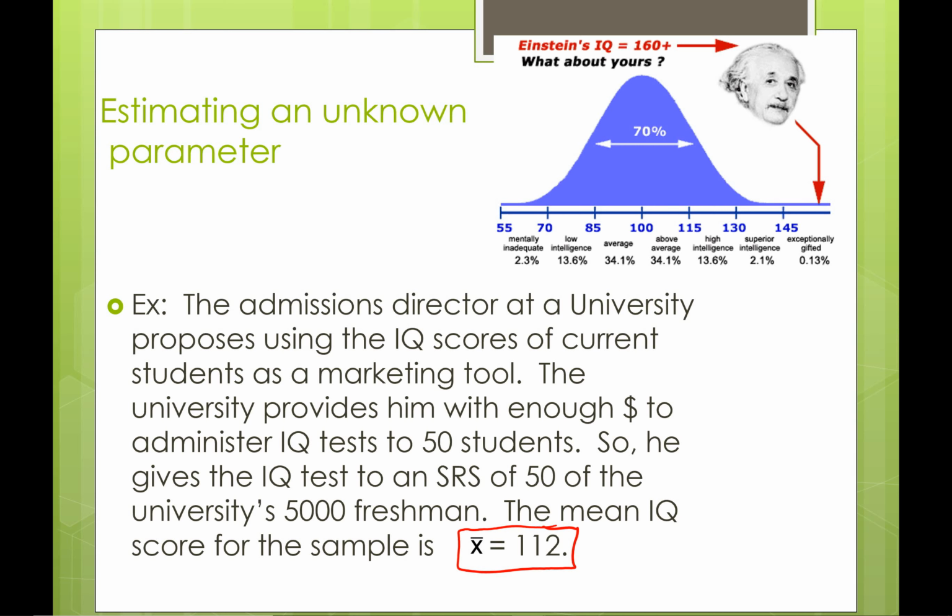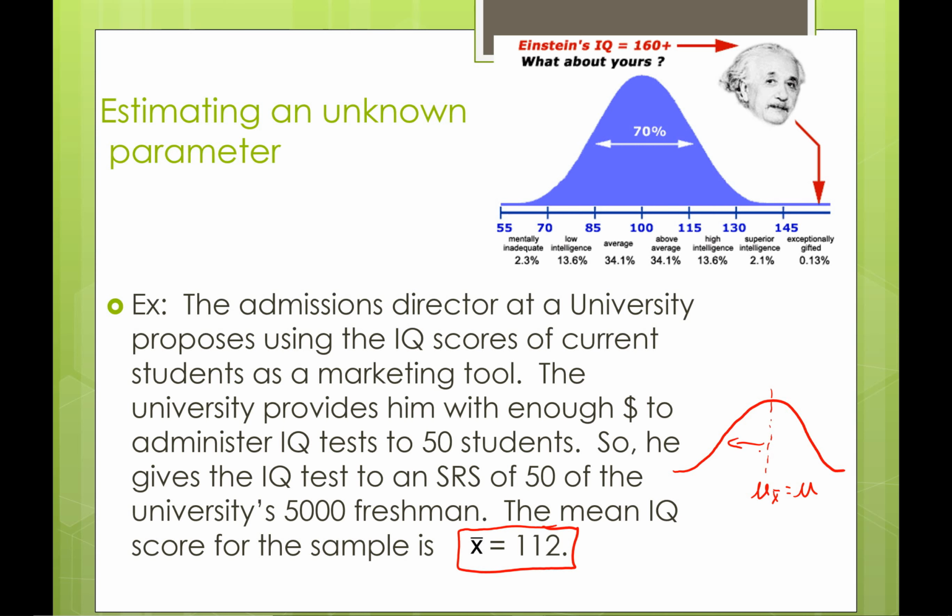So we're going to use the central limit theorem to help us figure out the range of values. Given this sample, what's a good range of values to say the population mean falls within? To review the central limit theorem, if I take all possible samples of 50 from that 5,000 freshman class, the mean of all of those samples would be the same as the mean of the population.